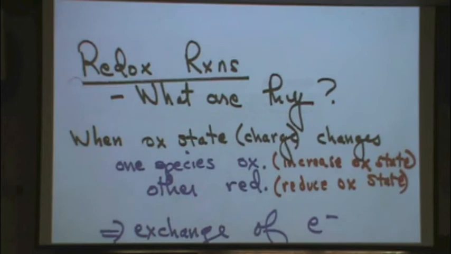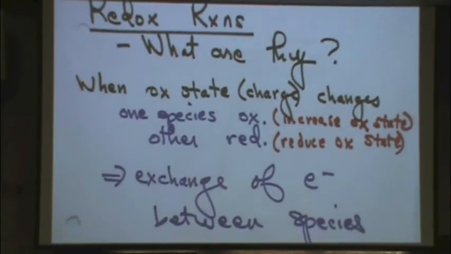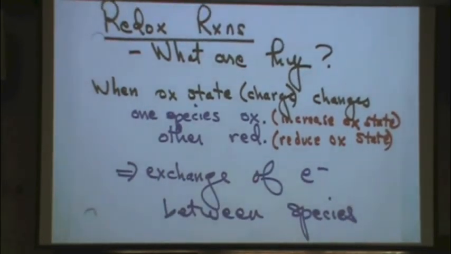So what does that cause? That causes an exchange of electrons between two species. So one species is giving electrons up. That's the one that's oxidizing, it's losing a minus charge. And the other species that's reducing is receiving those electrons.